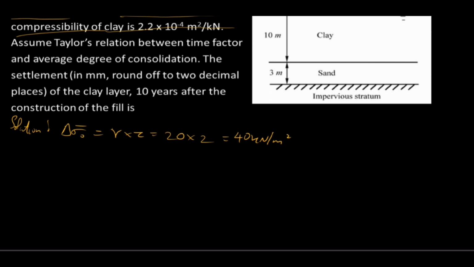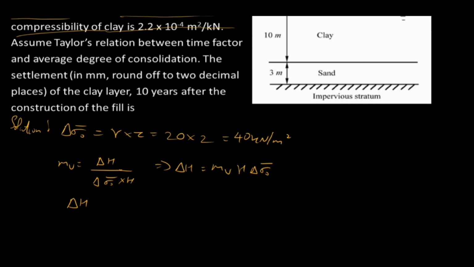Now, the equation for volumetric compressibility is mv equal to delta h divided by delta sigma naught dash into h, whereas delta h will be equal to mv h delta sigma naught dash. That is the change in height due to the volumetric compressibility.